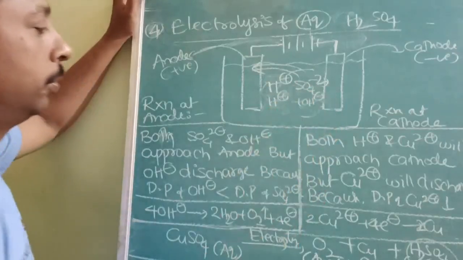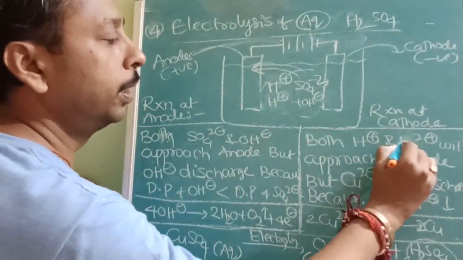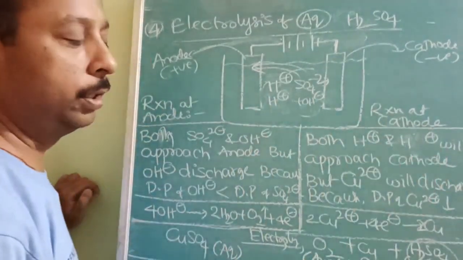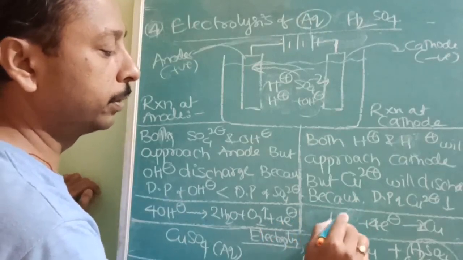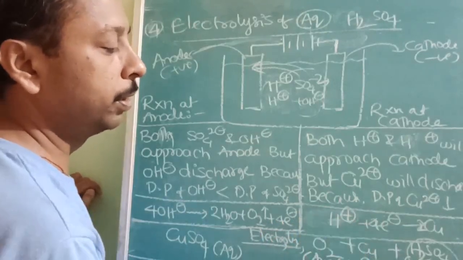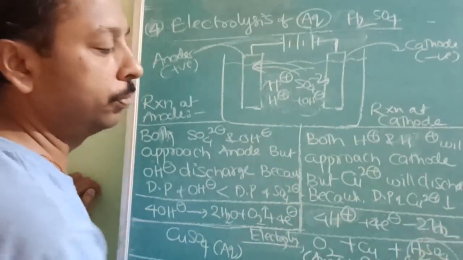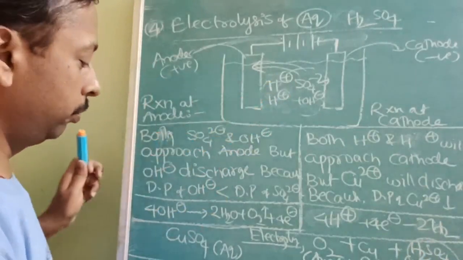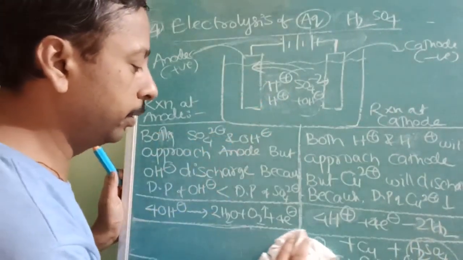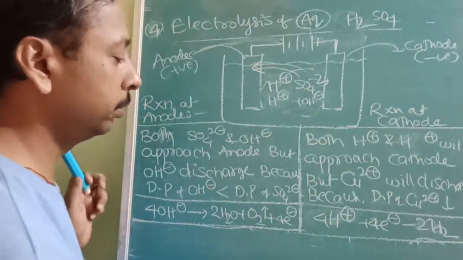This part is already over, and here only H plus, so both H plus only. Obviously this reaction will change. What will that reaction be? 4H plus plus 4 electrons will give you 2H2. Is this clear? OH minus and SO4 are common everywhere, but this is going to change. Understood?